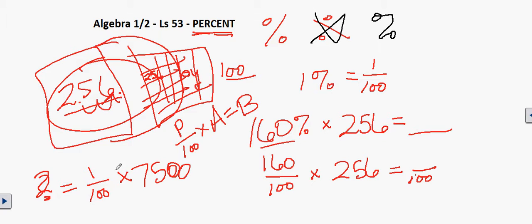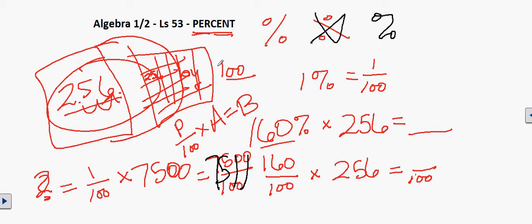We put 7,500 over 100. And what's our shortcut for those? Cross out your zeros. And now I have 75. 75 is 1%, which follows the illustration we just had.